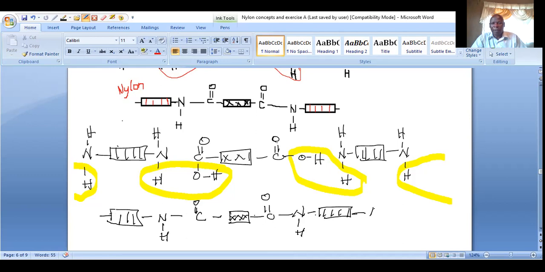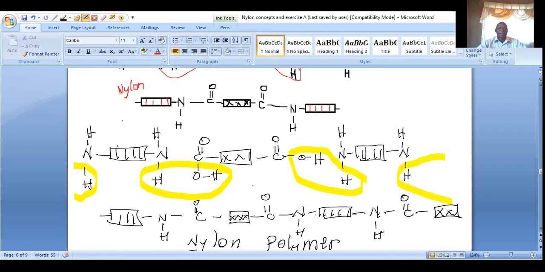And then here you have the nitrogen linked to the carbon, and so on and so on. So this is the nylon molecule that you have formed. This is the nylon polymer.